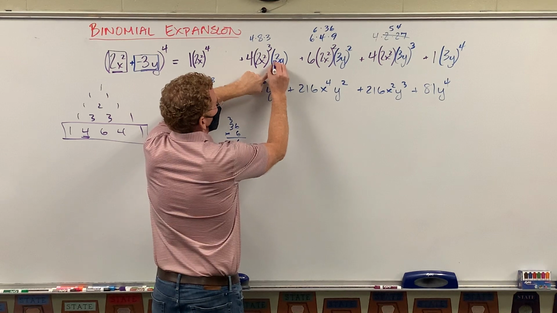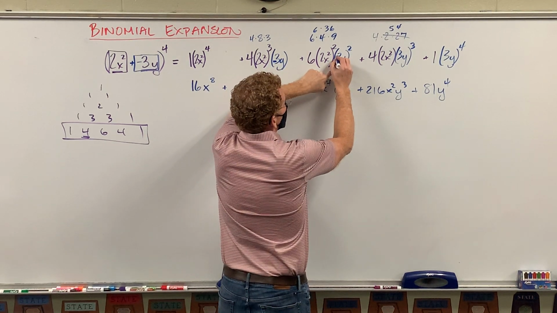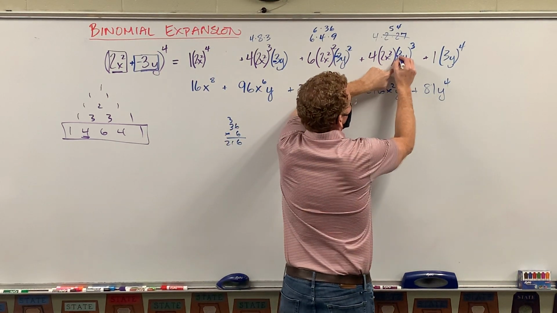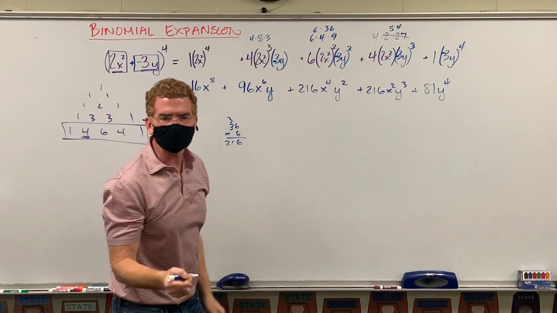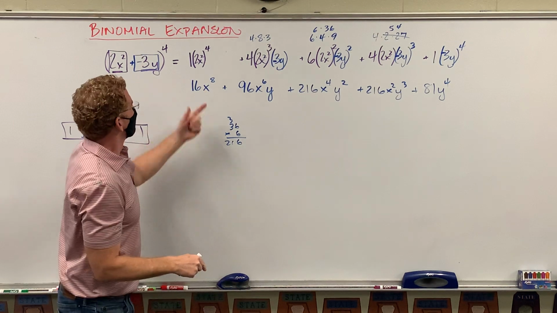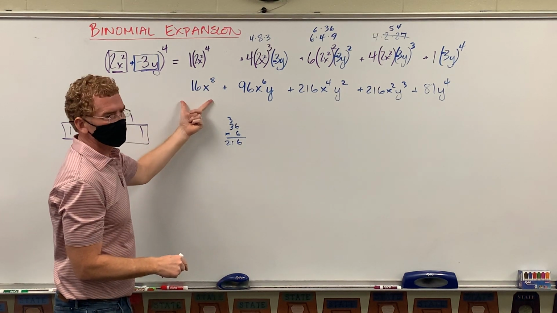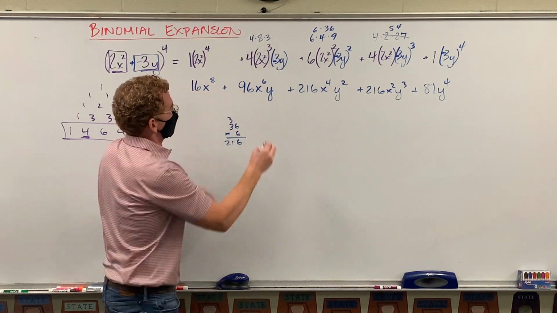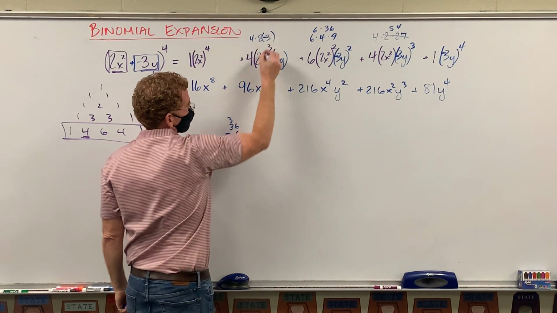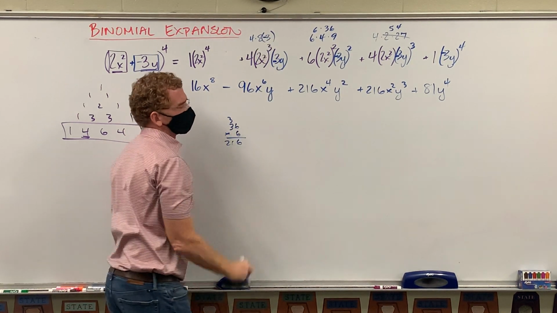Here, here, here, and there. But what happens when you simplify? Well, it's not affecting this term, but here I would have had 1 negative 3, which makes the whole thing negative.